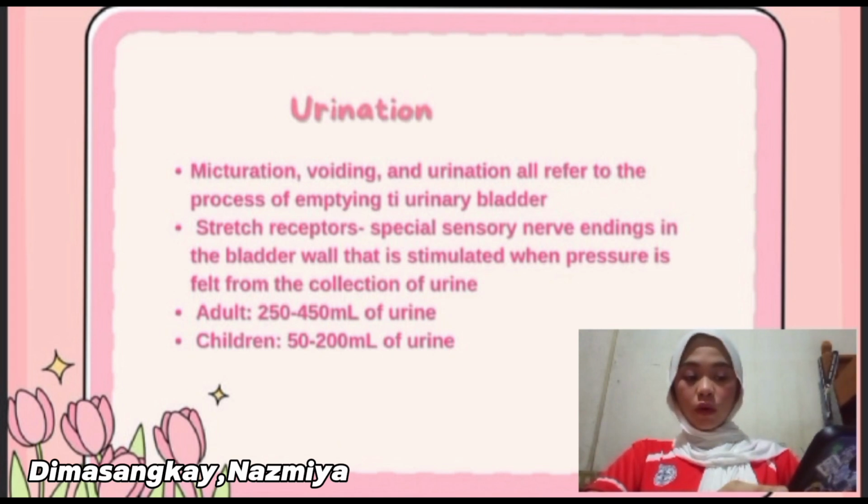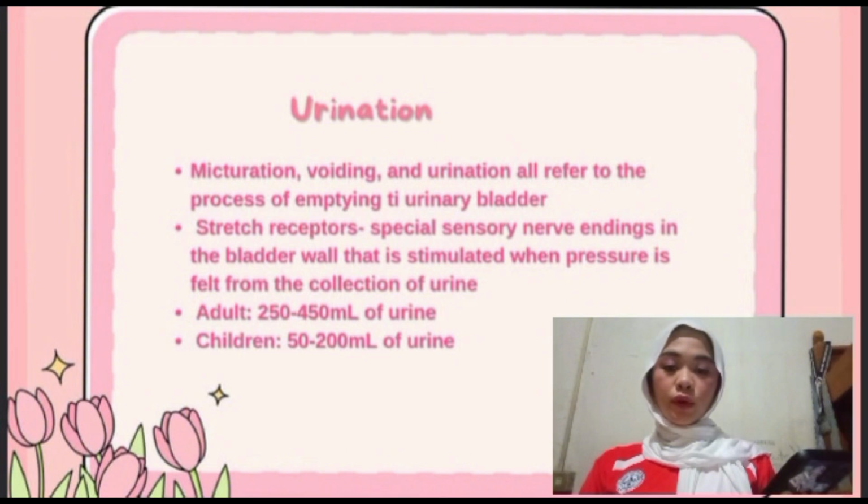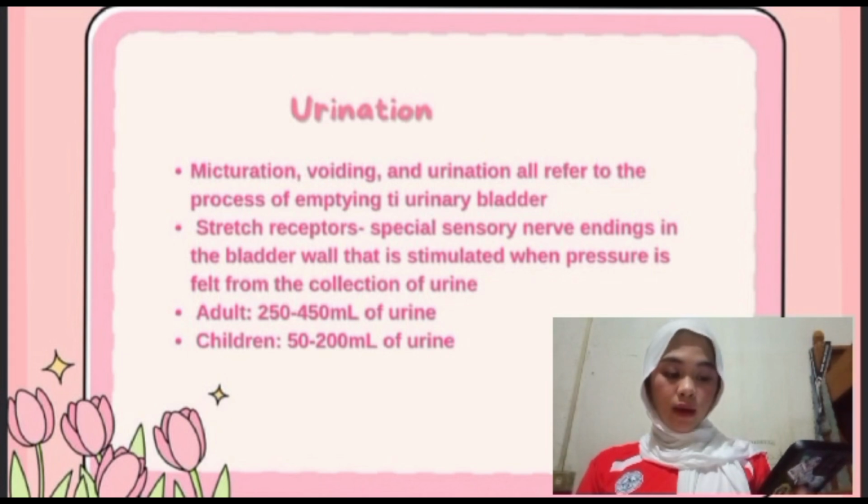It is the process of emptying the urinary bladder. This process is crucial for our overall well-being. So urination, the process begins with the stretch receptors. Yung stretch receptors na yun, they are special nerve endings found in the bladder wall.